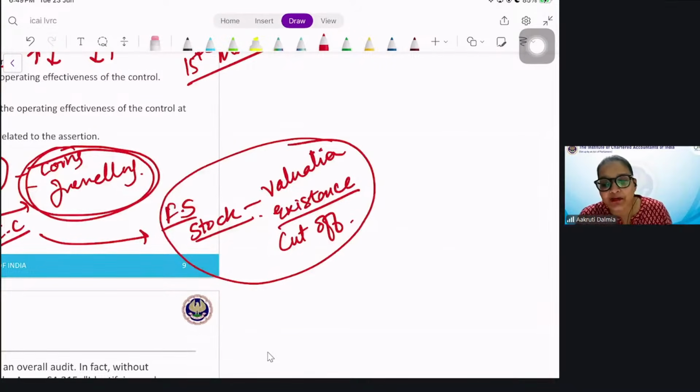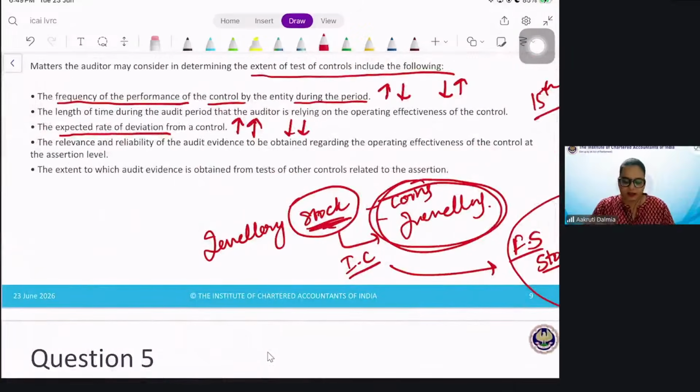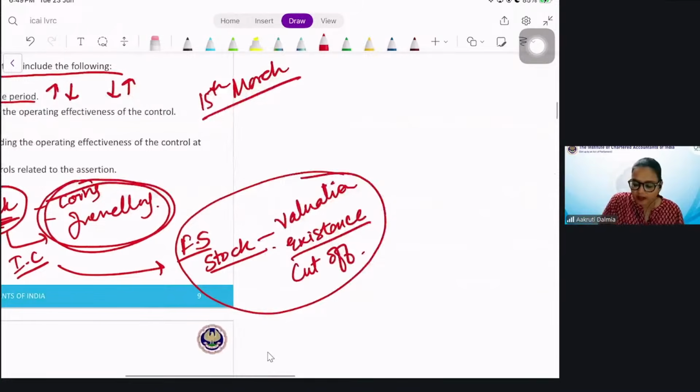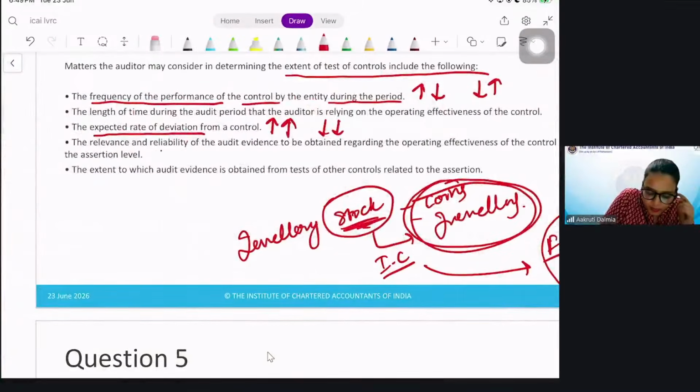So will I check it more or less? Now you understood? So it looks like a big complicated sentence, but it's simple. That if the relevance and reliability of audit evidence obtained regarding operating effectiveness of control is at assertion level, it is affecting something at assertion level, then of course if it is more, I have to check more. Understood?